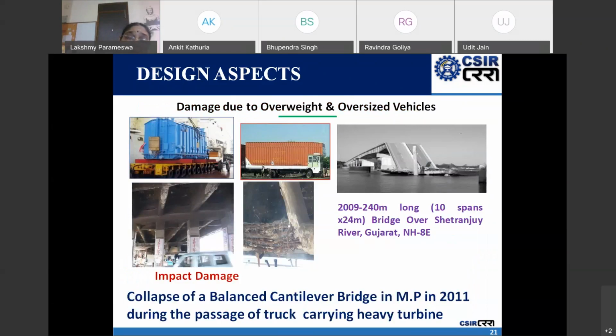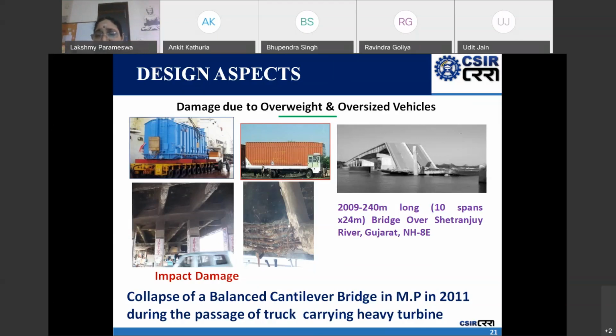Another important parameter is the special vehicle which has been introduced in IRC 6. Why its need was required is that with the development of highway infrastructure, there is development of other infrastructure as well. For example, large power plants are also coming, for which the turbine and other components, which are undivided components, have to be transported from one place to another.